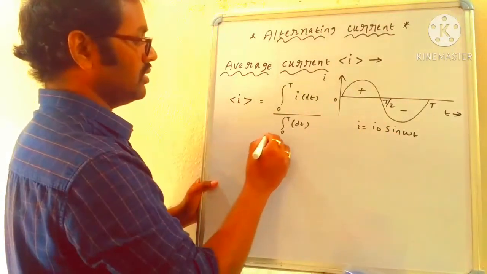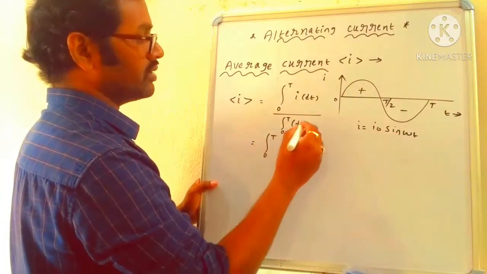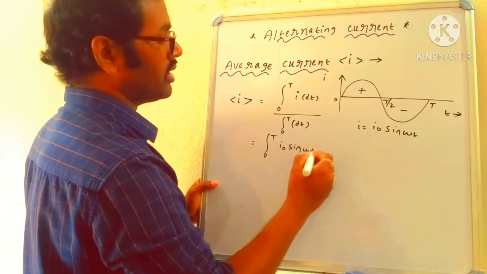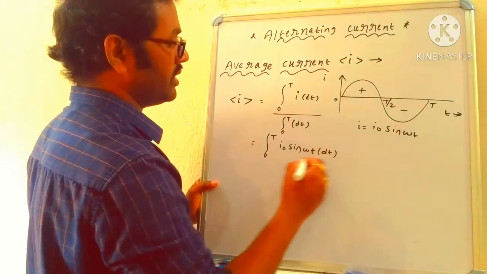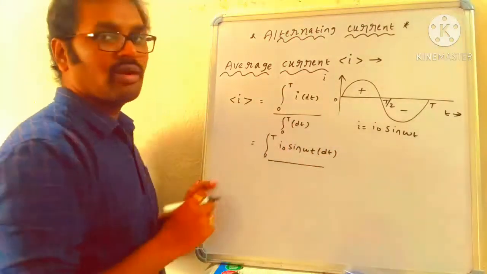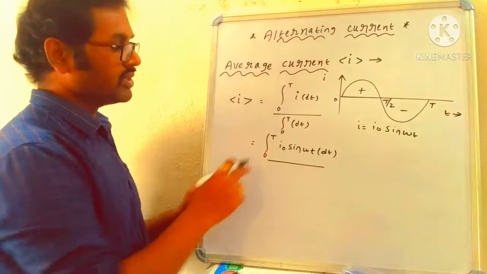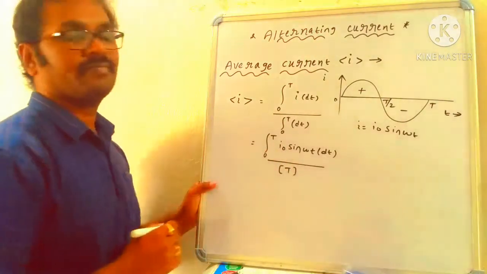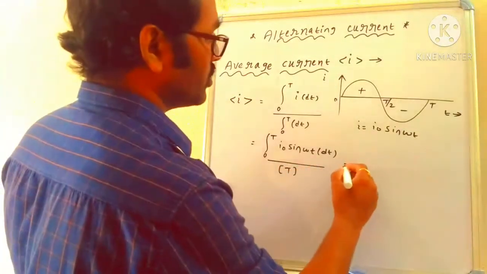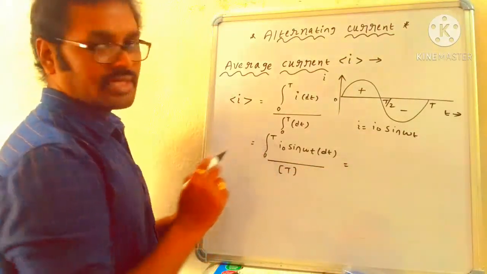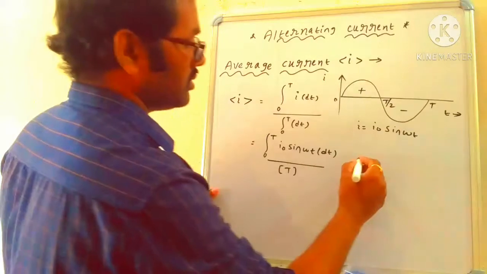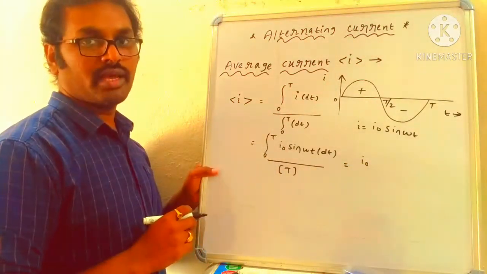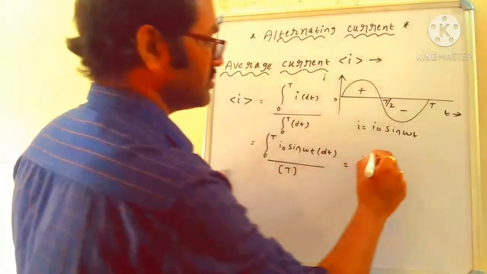You will get the integral from 0 to T of I naught sine omega t dt, divided by the integral of dt, which is T, with the limits 0 to T, giving the time period T. I naught is the peak value, which is constant, so you can take I naught out of the integration. The integration of sine omega t is minus cos omega t.